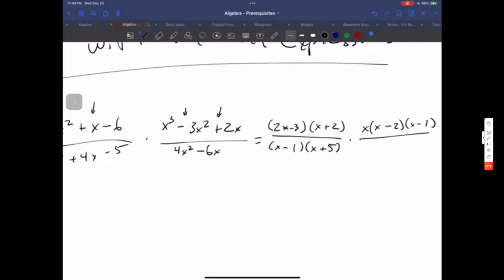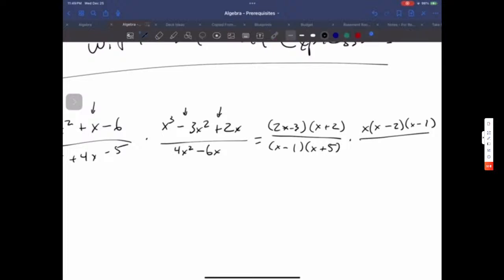That'll give me x squared minus 2x minus 1x, which is going to give me minus 3x, and then plus 2, because minus 2 times minus 1 is plus 2. So that's the correct factorization there.